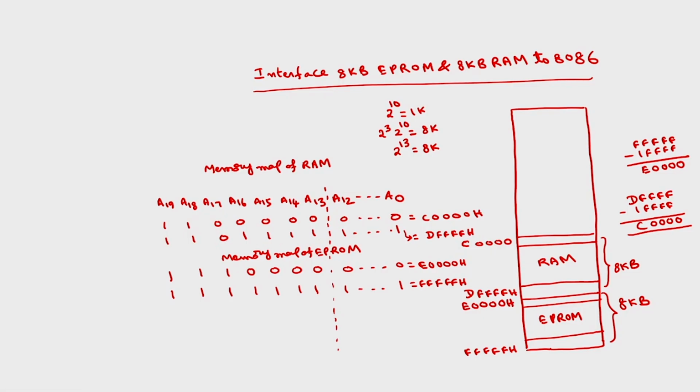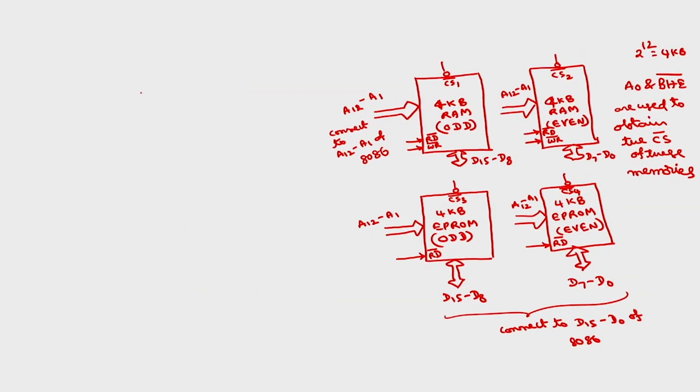Because we have 4 banks, and we have A0 as well as BHE bar to select these chip selects, we can take a 3 to 8 decoder. So, I am going to take a 3 to 8 decoder here.